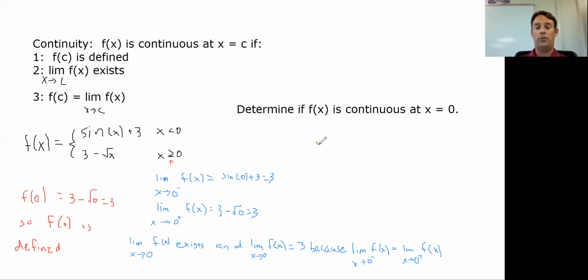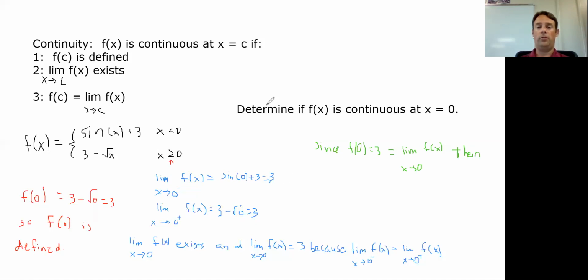We know that. So since f of 0 equals 3, which equals the limit at 0 of f of x, then, since they're equal, I can go ahead and write where it is.